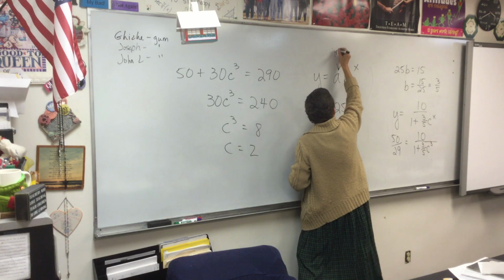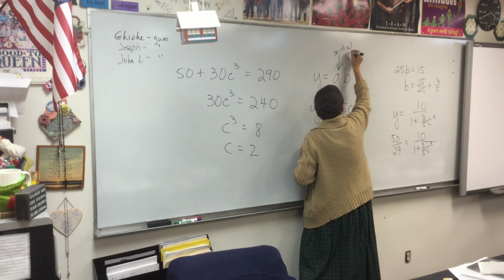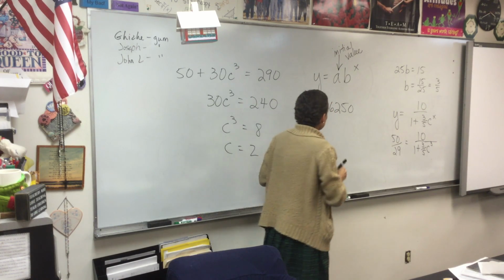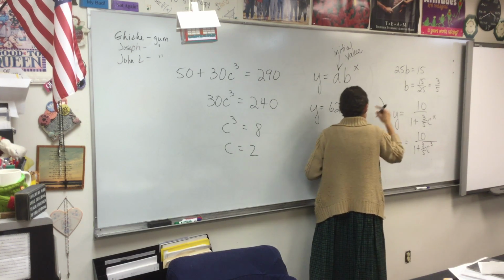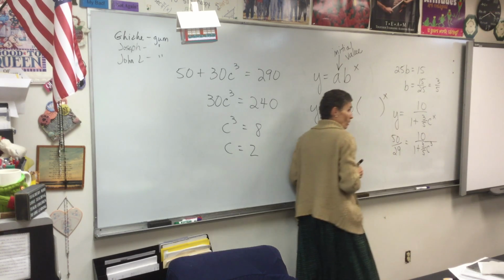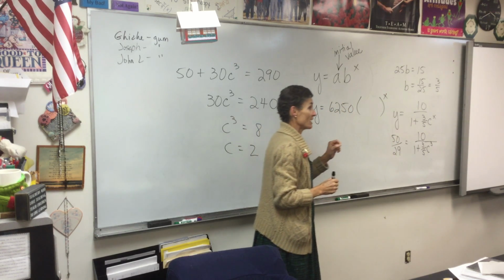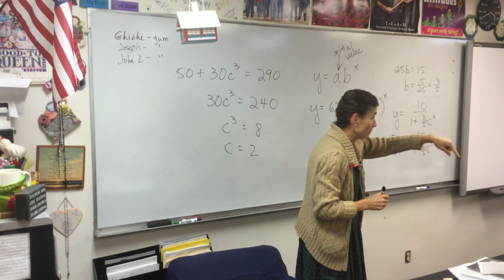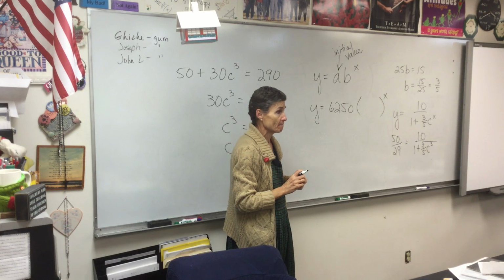The initial value. In an exponential, this is the initial value. Now I'm going to multiply that by something to a power. And the something has to reflect the growth in the problem. So what will that be?